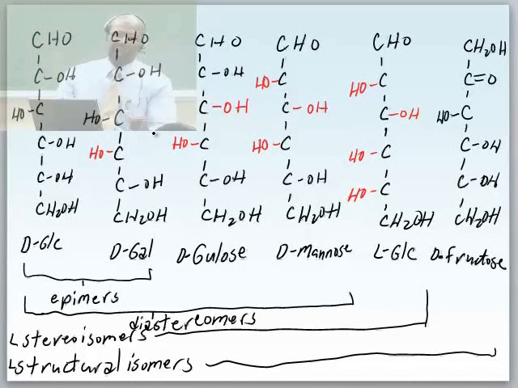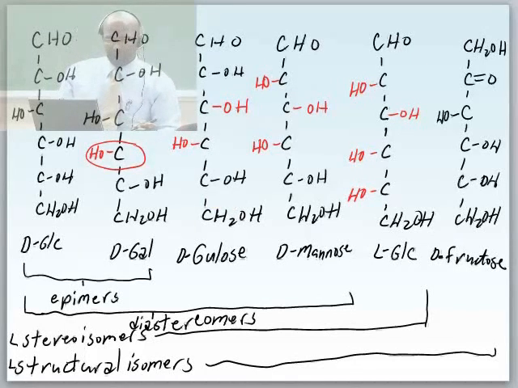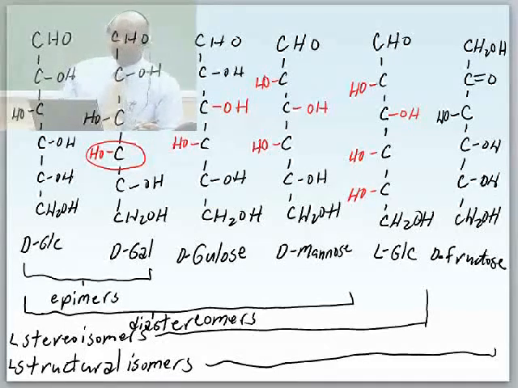Now, a specific diastereomer, where it only differs in one carbon's configuration, is called an epimer. So, galactose is a 4 epimer of glucose because they differ at position 4. Does that make sense? So you number it by whatever carbon it is? Yes, exactly.